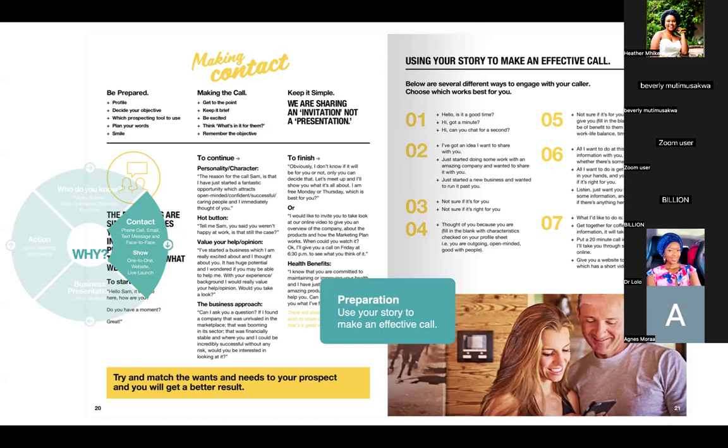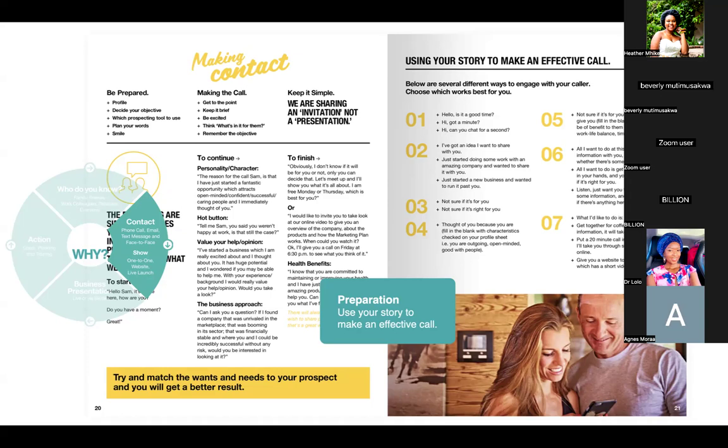I've started using that approach. It's sort of working for me better than I would have expected. Then lastly, we have the business approach. So the business approach goes something like, can I ask you a question? This is a question that you are asking your prospect or the person that you want to invite.